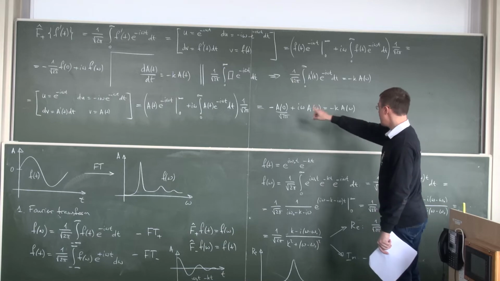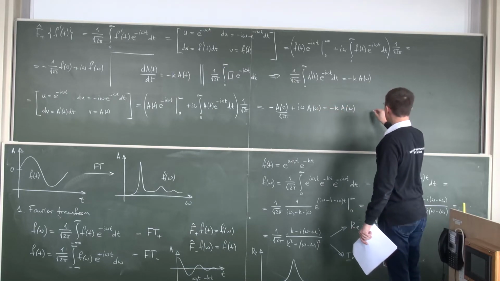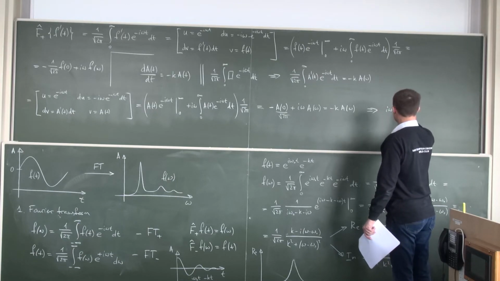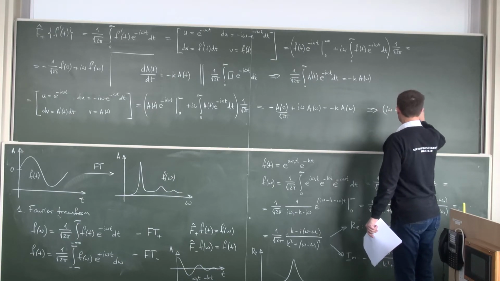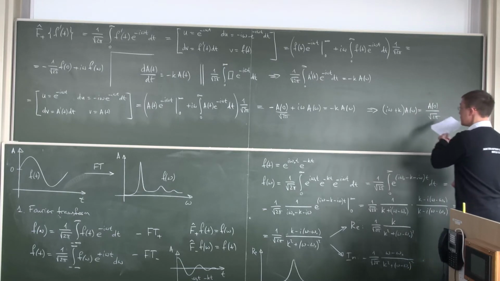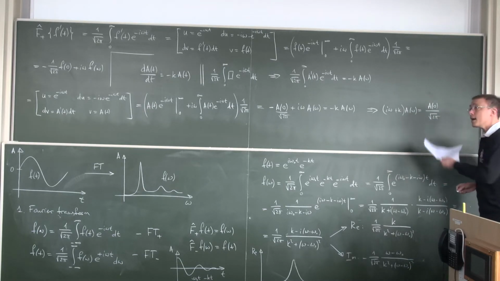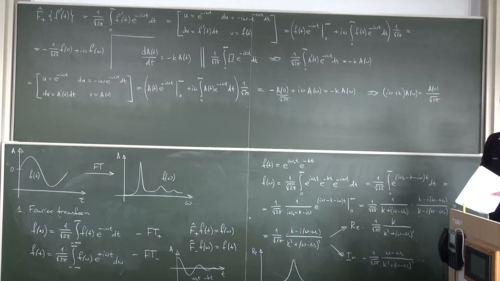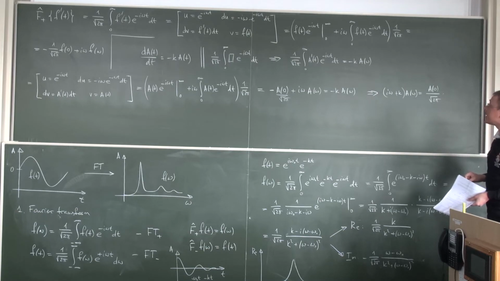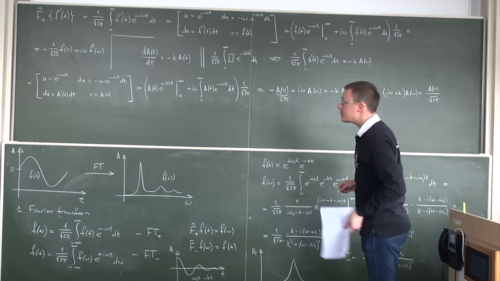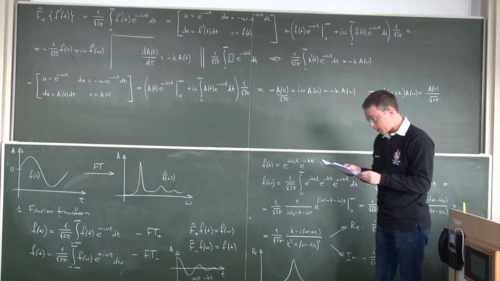If we push that over there and that over here, we have (i omega plus k) A of omega equals A of 0 over root 2 pi, and this is trivially soluble for A of omega. And then, once we obtain that, an inverse Fourier transform gets us the A of t. So this is the common path through quite a lot of differential equations.